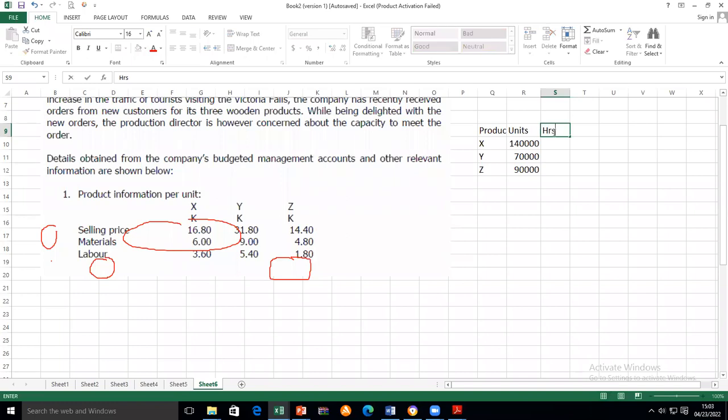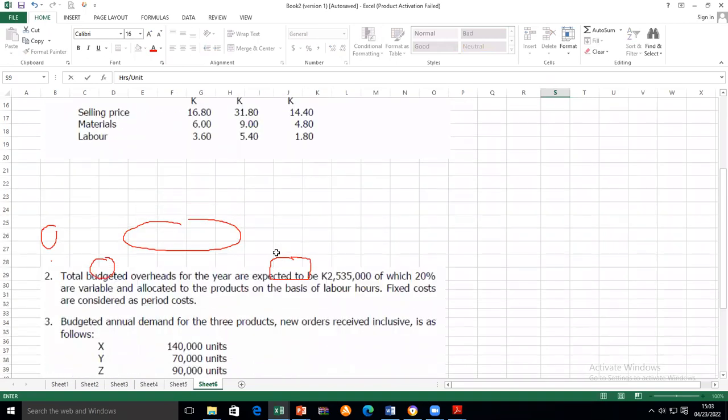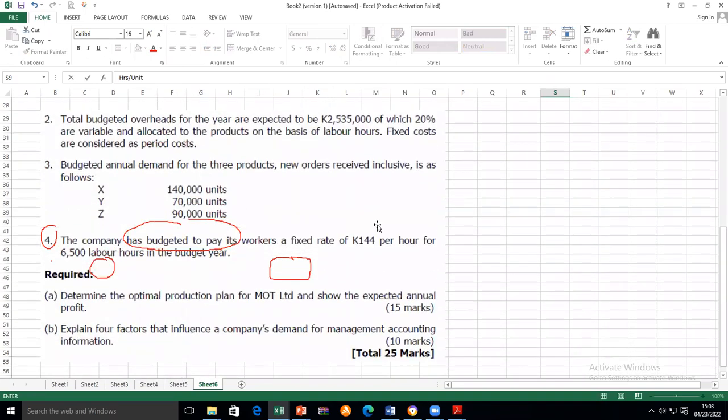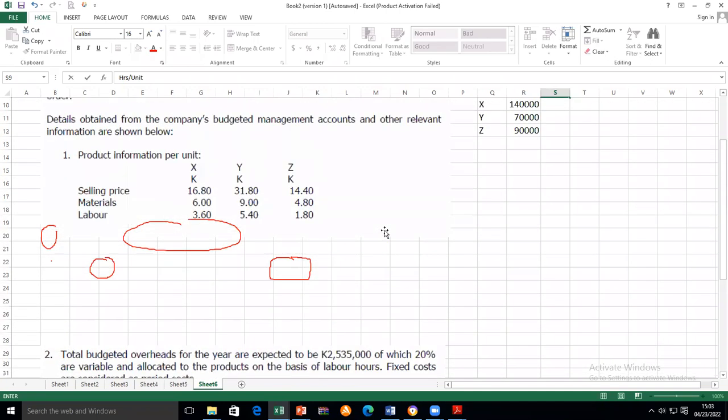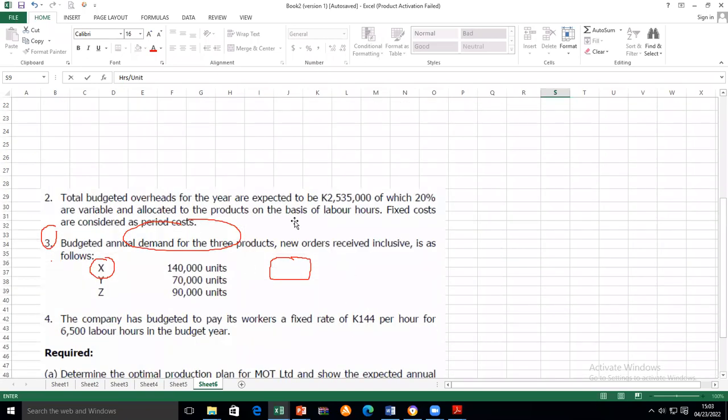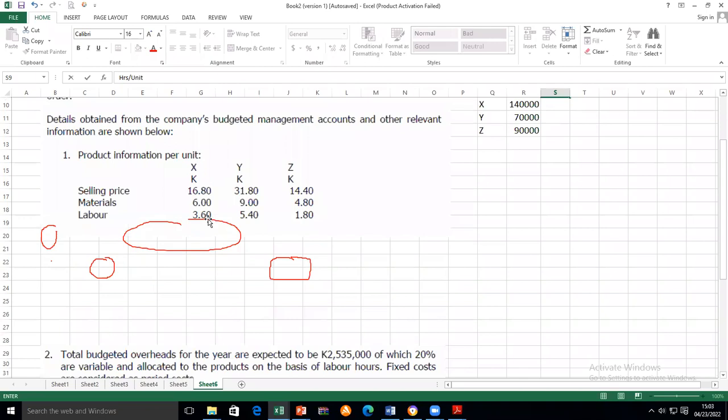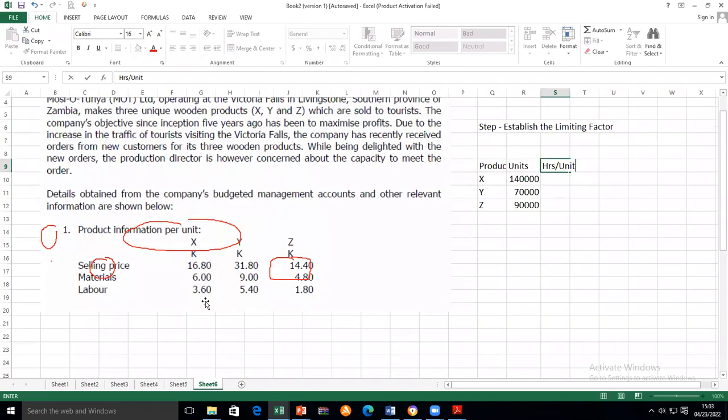And the hours per unit. The rate is 144, and the cost is given here. 144, that's the rate. So let's divide. You take 3.6 divided by 144.